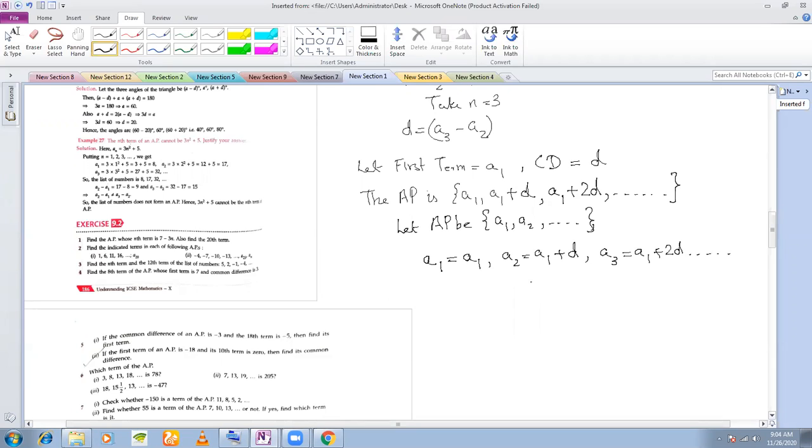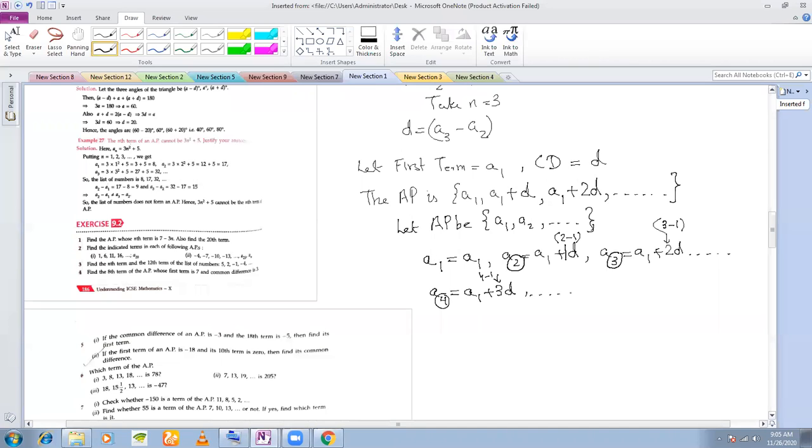If you see this, there's a 2 here, the second term, and there's a 1 here, which is nothing but 2 minus 1. Again, there's a 3 here and a 2 here, which means 3 minus 1. Suppose I want to find A4, A4 would be A1 plus 3D. Now what is 3 here? 3 is nothing but this 4 minus 1.